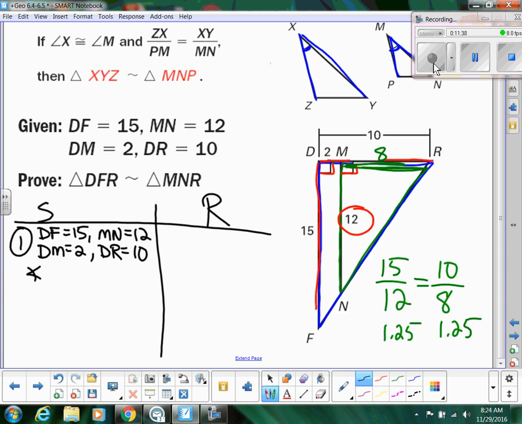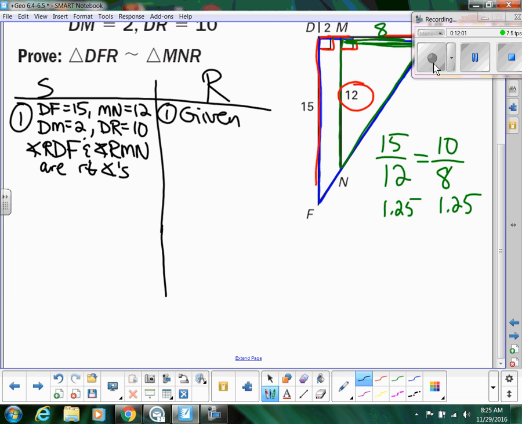So angle RDF, that big right angle, and RMN are right angles, because that was given in our diagram as well. So if you're confused on how to write that up, you just say it's given from the diagram. All right, so that means then that angle RDF is congruent to angle RMN, and that's because all right angles are congruent.